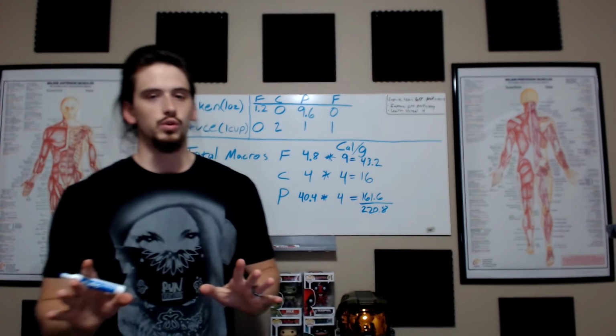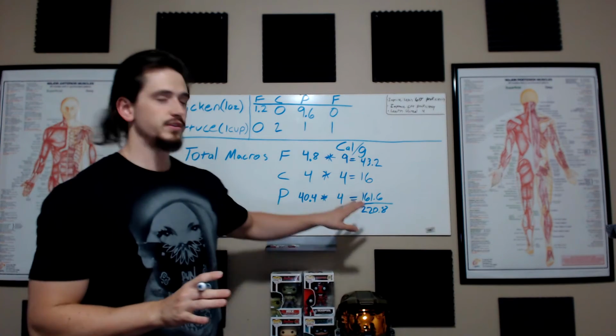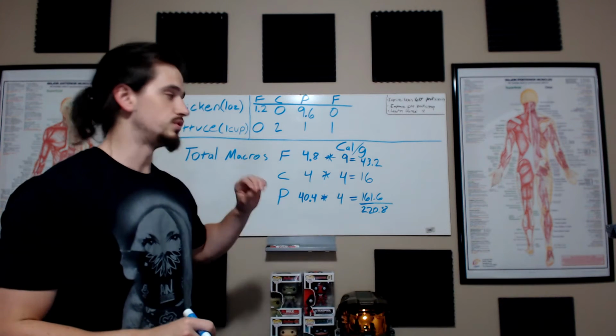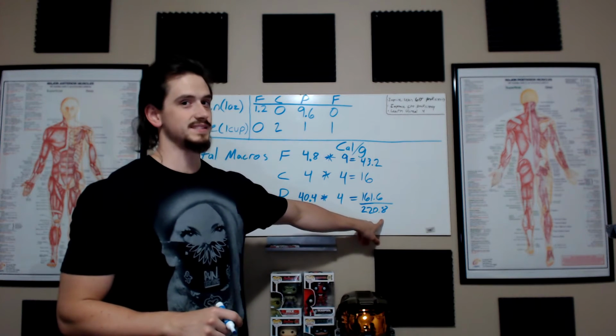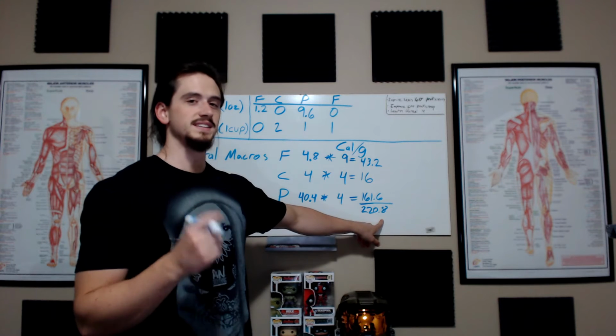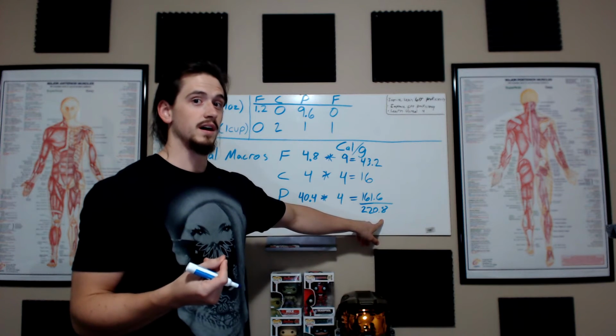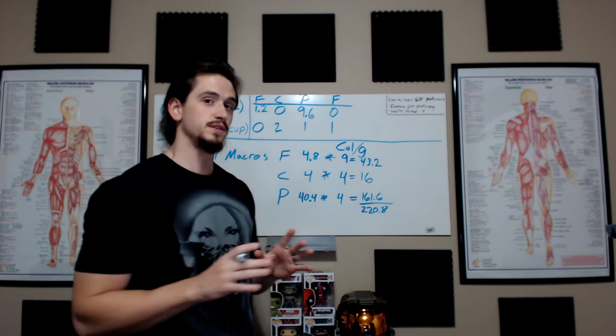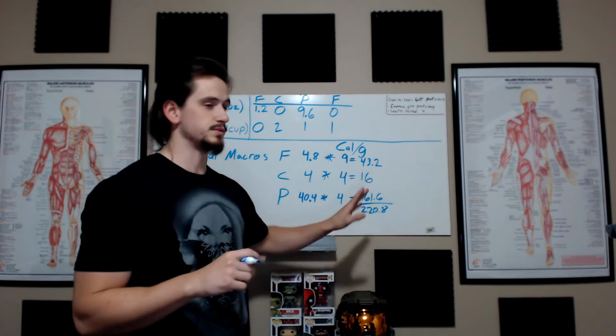Real quick note, if you're a beginner and you're just getting started with this, you do not have to worry about decimal places. The consistency of just counting is going to help a whole lot. And you're going to drive yourself nuts if you carry these decimals all the time.